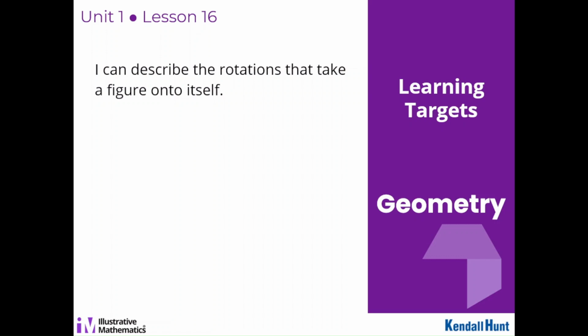So you can describe, am I rotating clockwise or counterclockwise, if that matters, or I'm rotating 180 degrees, I'm rotating 120 degrees, whatever the description is that you need to give in order for somebody else to understand how you're rotating in order to create that symmetry.